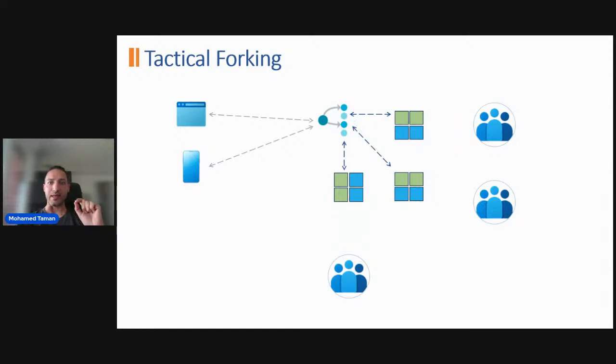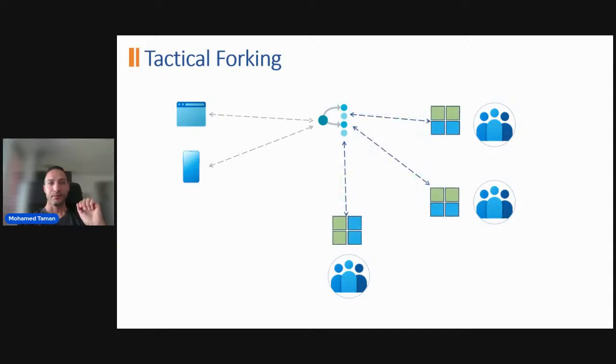So with the tactical forking approach, you will eventually end up with a microservices-based system. But the key advantage is that you won't have to delay any of your new features. The migration to microservices becomes a background task while each team develops its version of the code with new features.